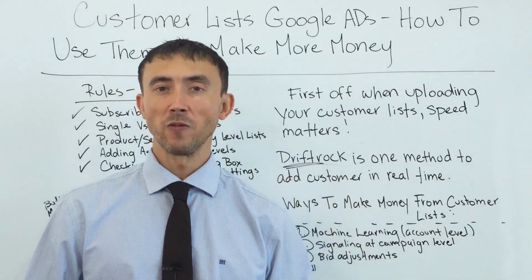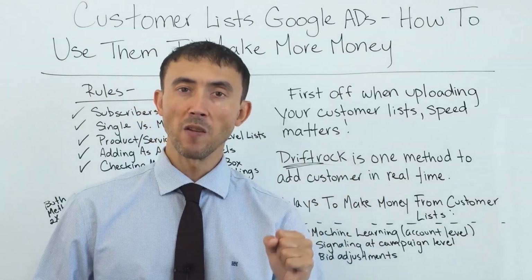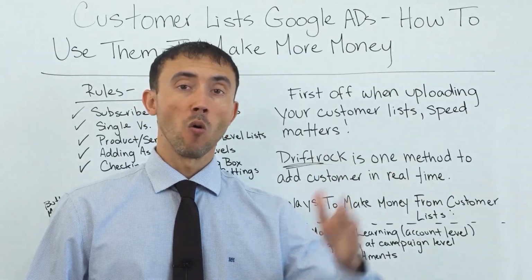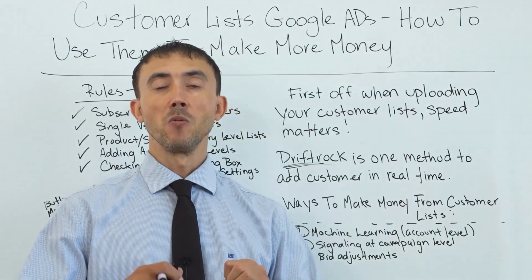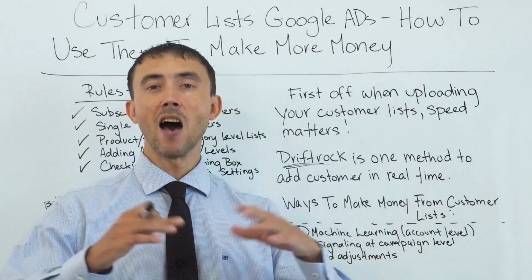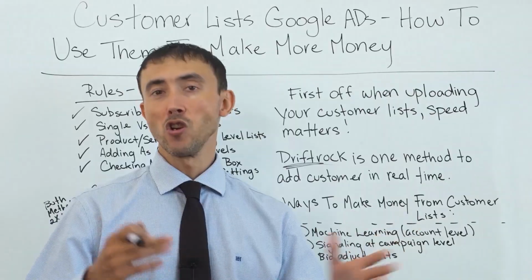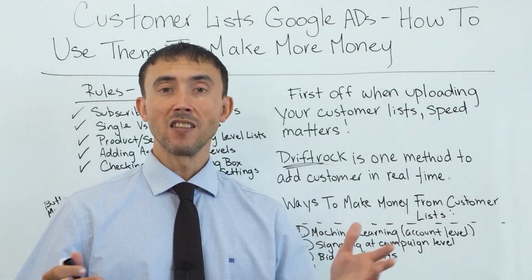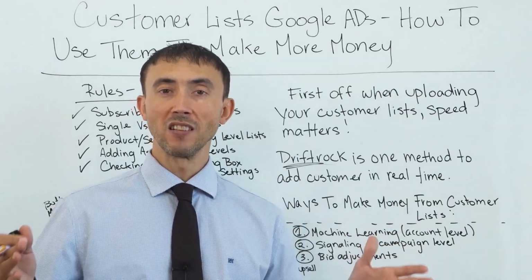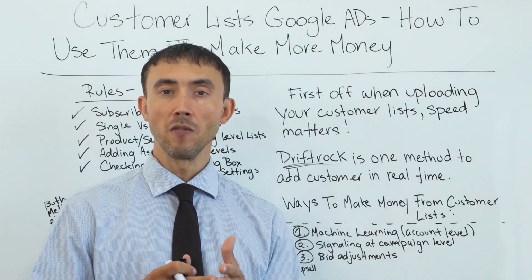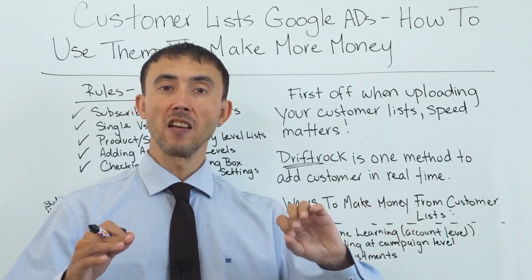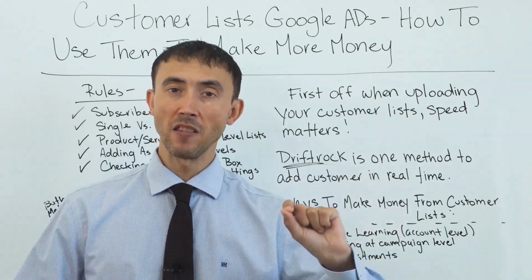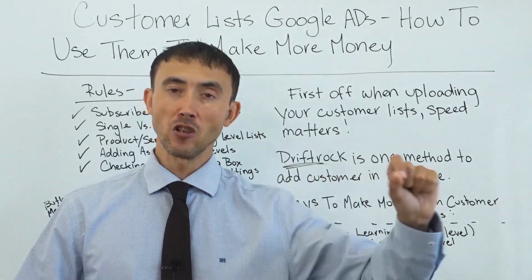So anybody who buys fishing rods versus a certain brand of fishing rod, which could be one way you do it, or a certain rod itself, you have an individual customer list. And the reason why this is important is because the algorithm that decides should your ad show up for somebody or not is going to learn quicker when you segment the lists out intelligently, because it will be able to understand, certainly when you're talking about at a campaign level, the people who buy fishing rods.